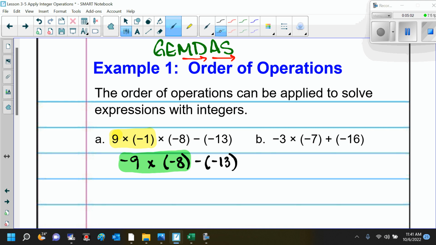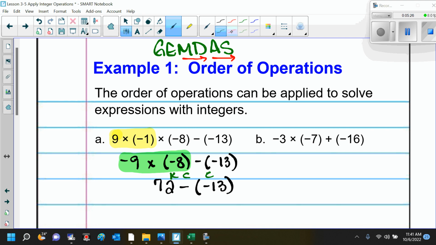So negative times a negative is a positive. And 9 times 8 is? 72. Very good. So we have 72 minus a negative 13. So now what is the rule when we are subtracting integers? Very good, very good. So here, yes, we're going to keep, change, change.